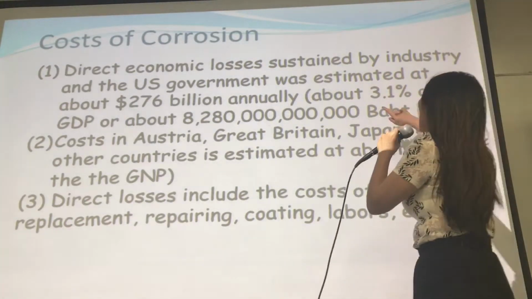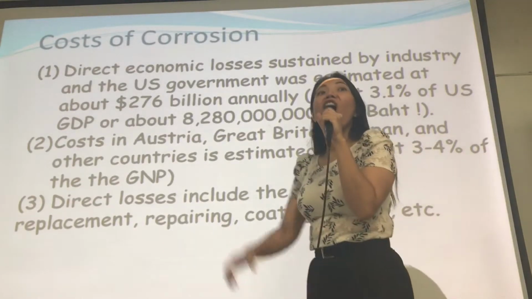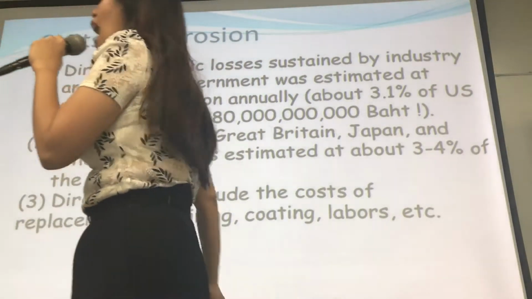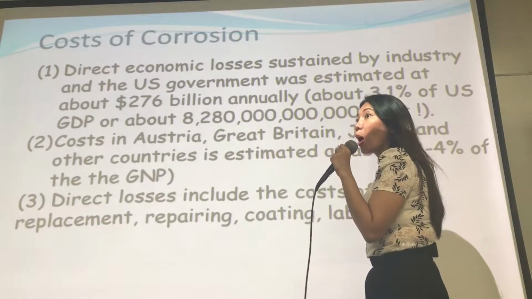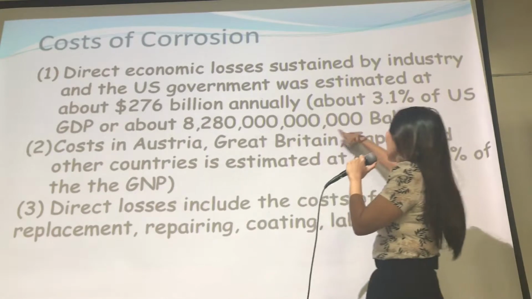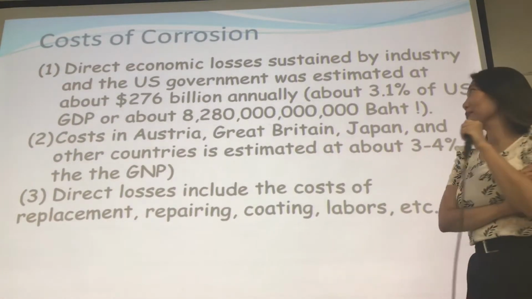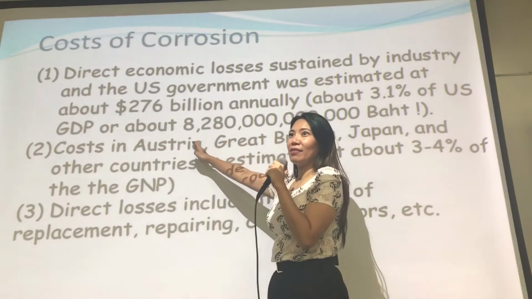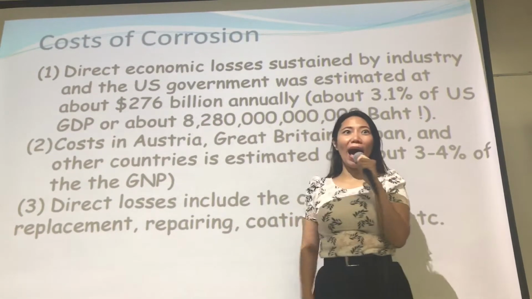And you know what? Each year, the USA spends around 3.1% of GDP on something related to corrosion prevention or fixing or whatever. And do you know how much value that is for 3.1% of GDP? Can you please read this out loud for me? 8,280,000,000,000 baht.